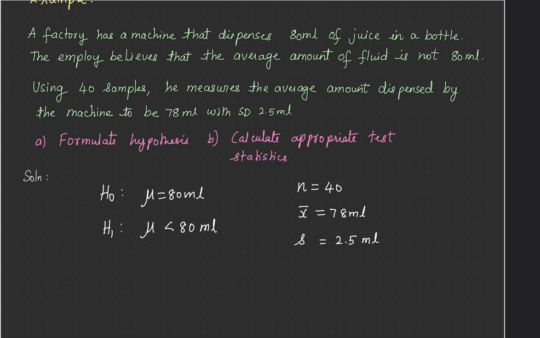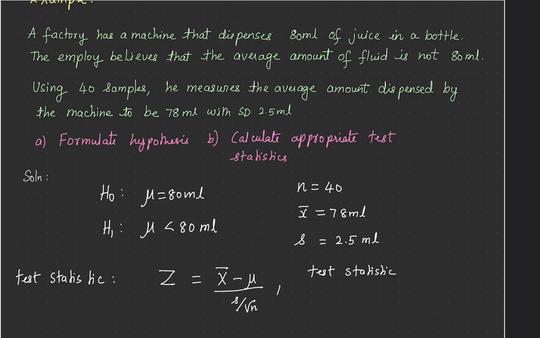The test statistic is z in this case, which is equal to x bar minus mu divided by the population standard deviation over square root of n. The population standard deviation is not given, so we can make use of S itself: S divided by the square root of n. This is the test statistic value.